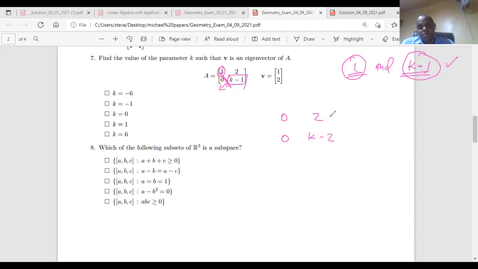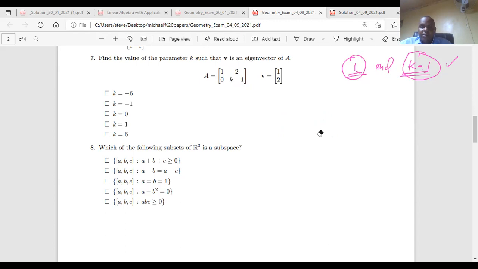So it's going to be 2y equals 0 and k minus 2 equals 0. Therefore y equals 0, then k equals... that's not going to work, right? So we find an eigenvector associated with the other eigenvalue.